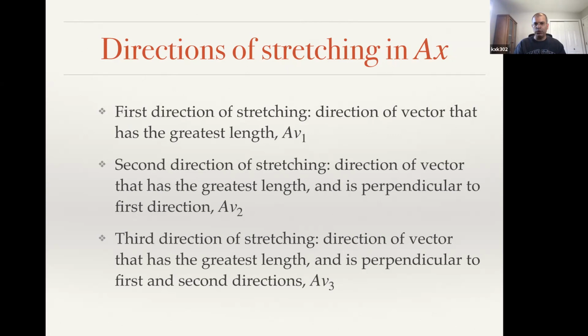That's equal to Av2. I'm not going to show the proof, but let's just accept it. And same thing, we can go on all the way to the nth dimension. The transformation of the eigenvectors of A transpose A by A gives you the direction of stretching in AX.